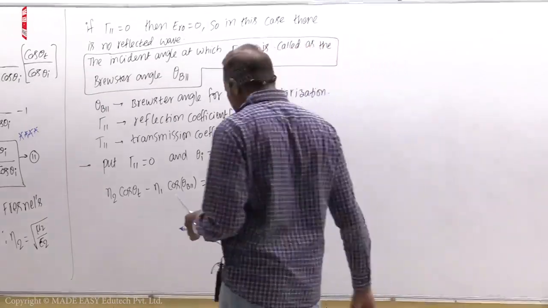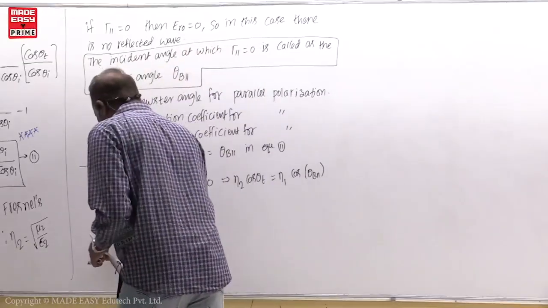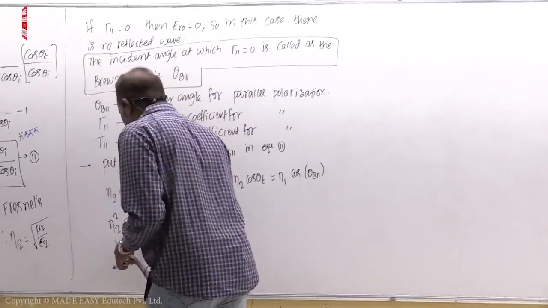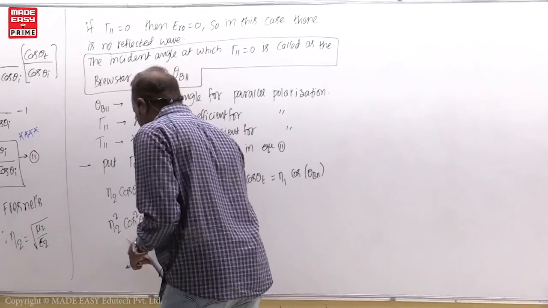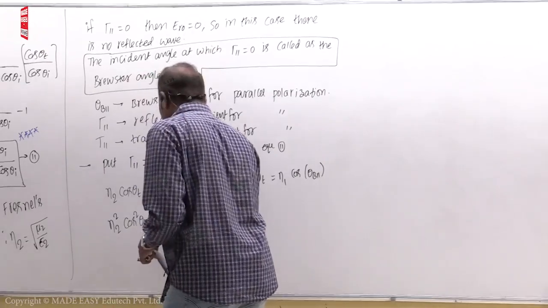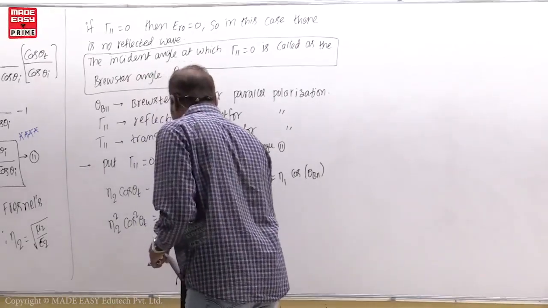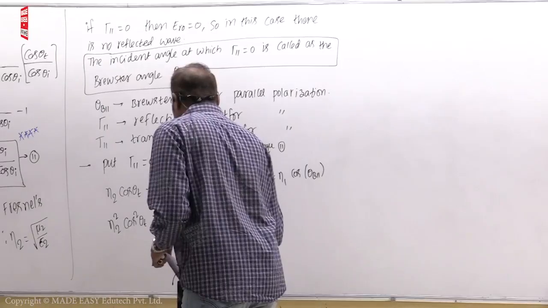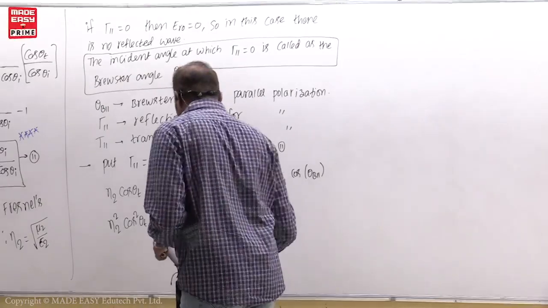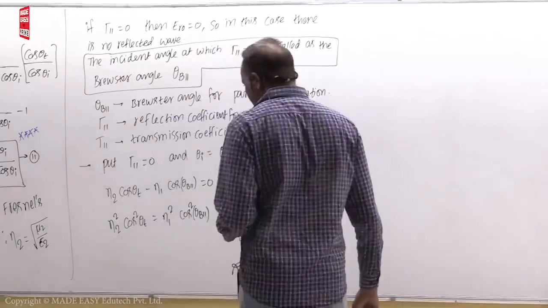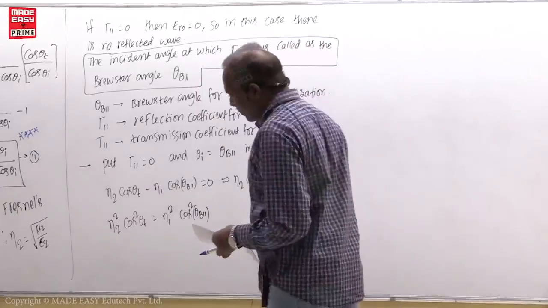Now you take squares, na students. What will happen? Eta 2 square cos square theta t is equal to eta 1 square cos square theta B parallel. Okay. Now let us write in terms of 1 minus sine square.